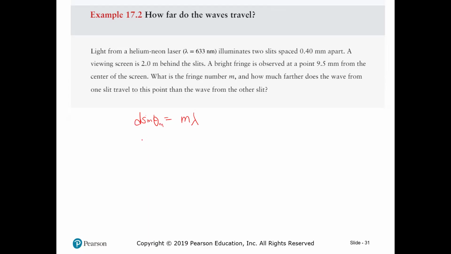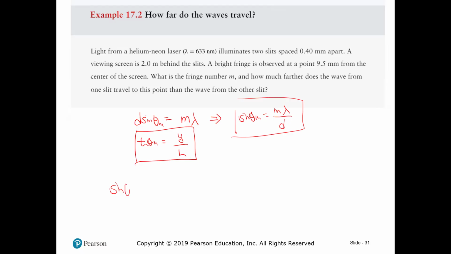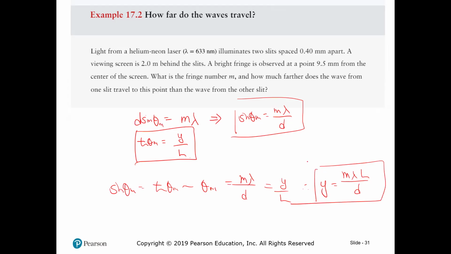And you know that tan theta_m is also y over L. If you change this one, sine theta_m is m lambda over d, and you can approximate these two using the small angle approximation, where sine theta_m is tan theta_m is theta_m, which is m lambda over d equals y over L. So now you see y is m lambda L over d. Make sure you can derive these things.